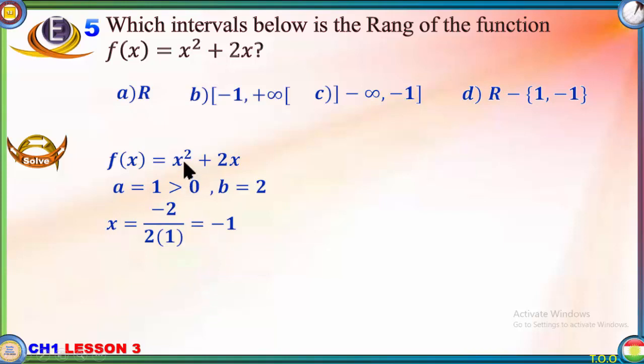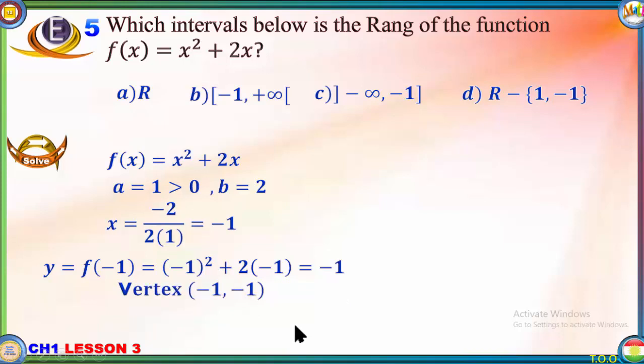Replacing minus 1 in the function to find y, f of minus 1 equals (minus 1) squared plus 2 times minus 1, which equals minus 1. Then the vertex is minus 1 for h and minus 1 for k.